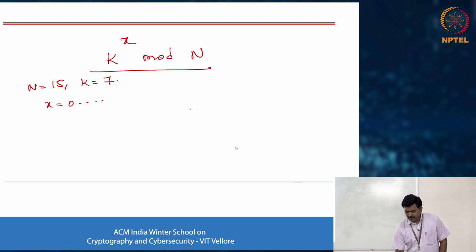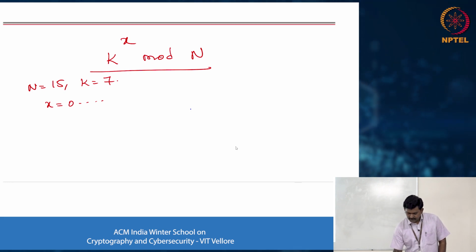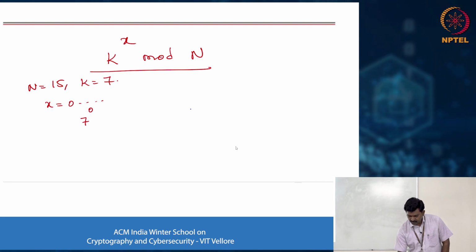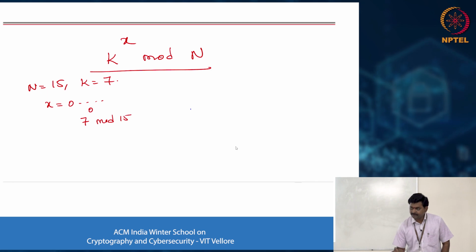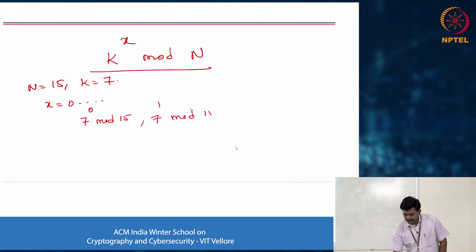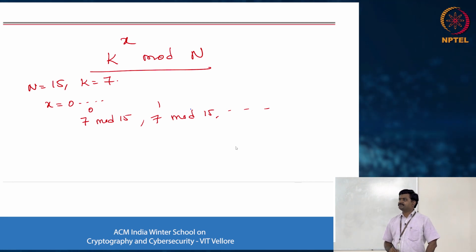What happens when I give x values ranging from 0 and so on? When x is equal to 0, 7 power 0 mod n, where n is 15. Then it goes on, right? And goes on.